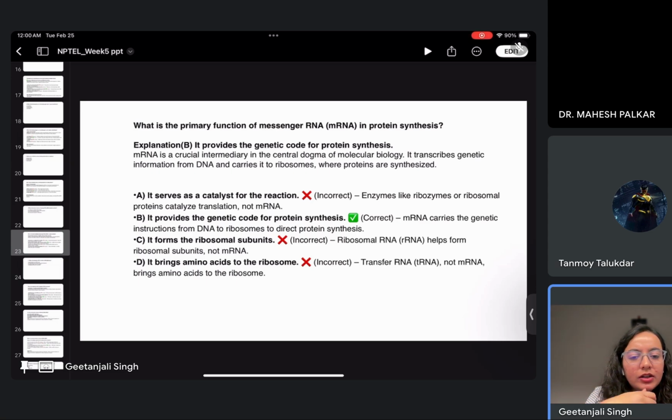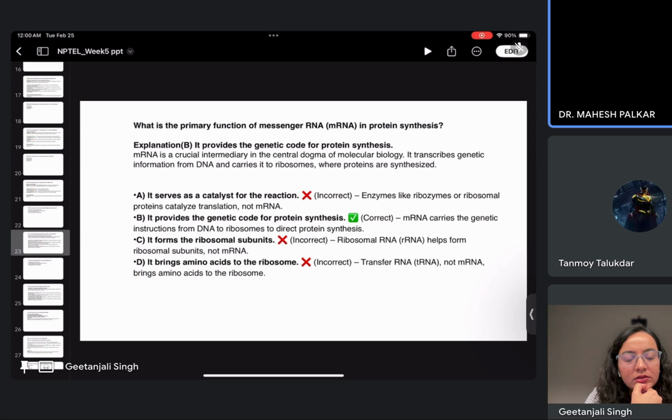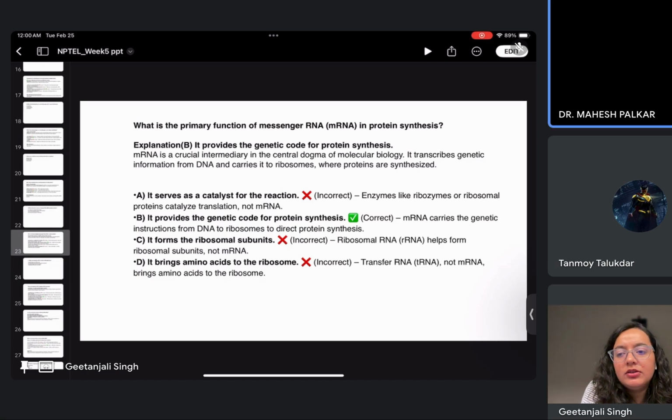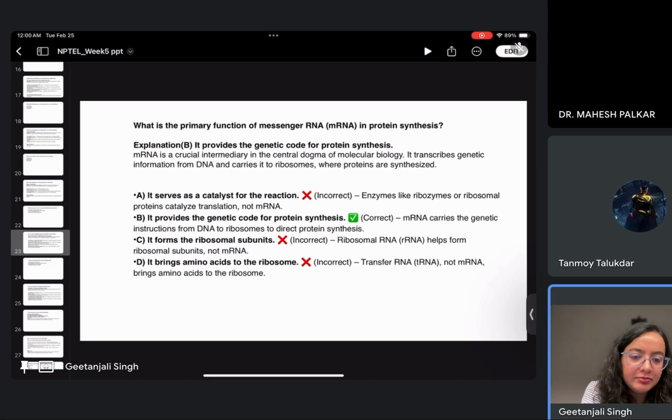If the progress is not recorded properly, would that affect your marks? Okay, so you have to complete everything in order to get good marks. Okay, sure. I'll try to do what I can.